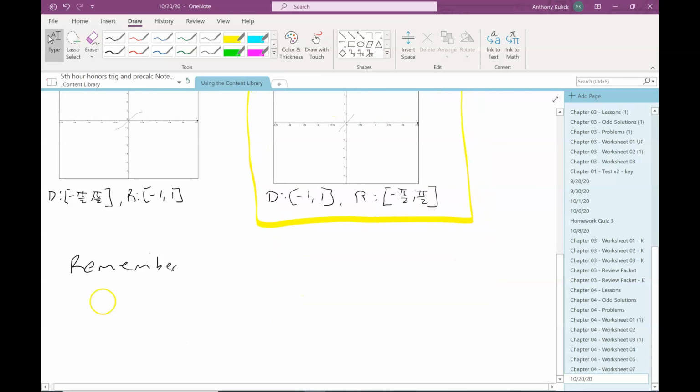So when we talk about sine inverse, remember that with sine, what we do is we take an angle measure and we map it to the y-coordinate on a unit circle.